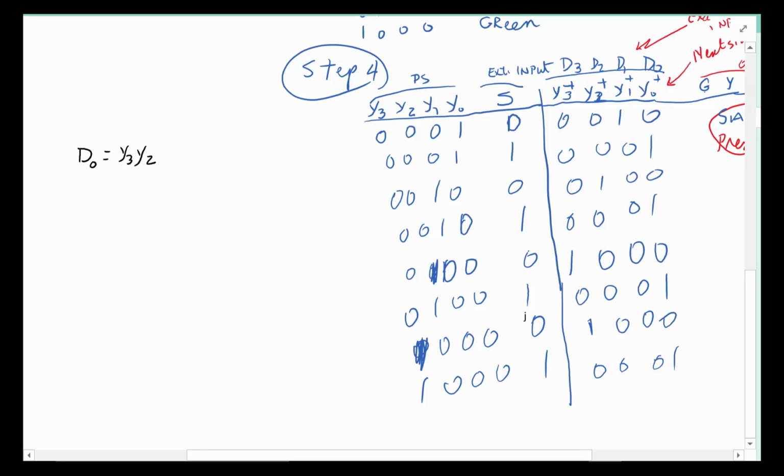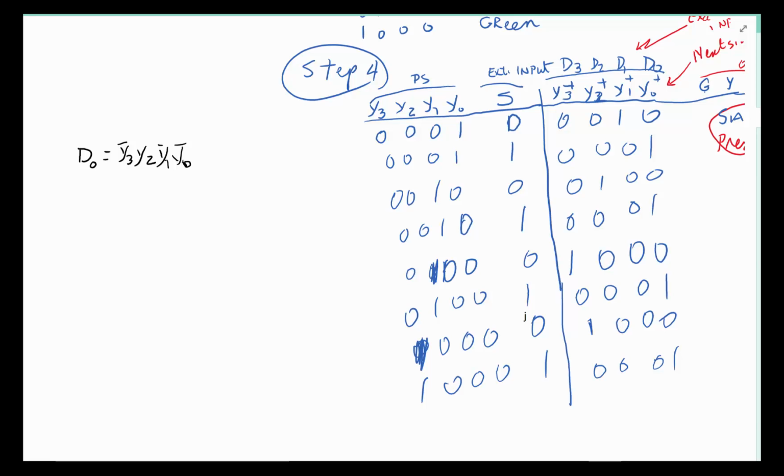The only time that's a 1 is right here, with y3 not, y2 on, and then y1 and y0 not. The only thing to remember is that for all the other states where y2 is on, it's a don't care.